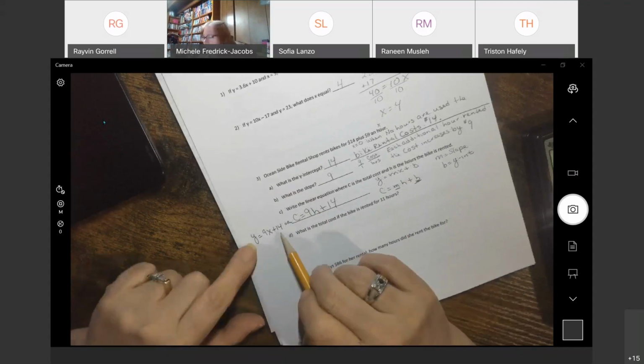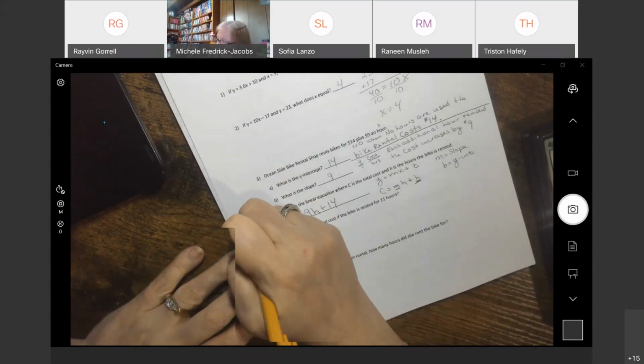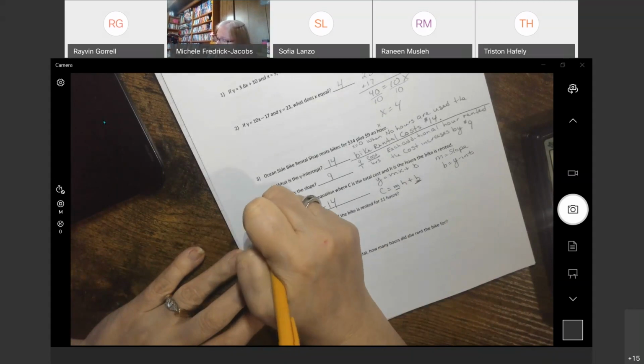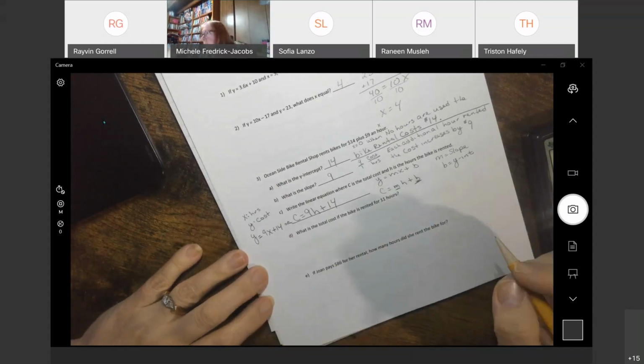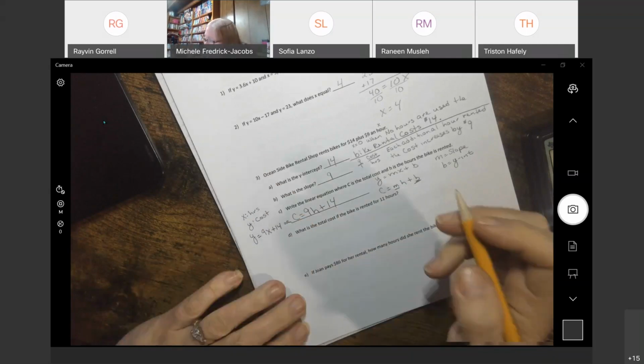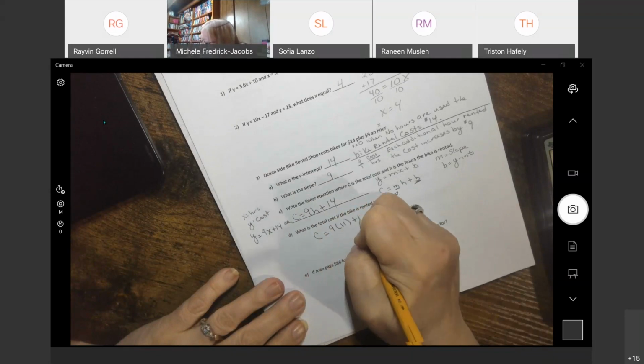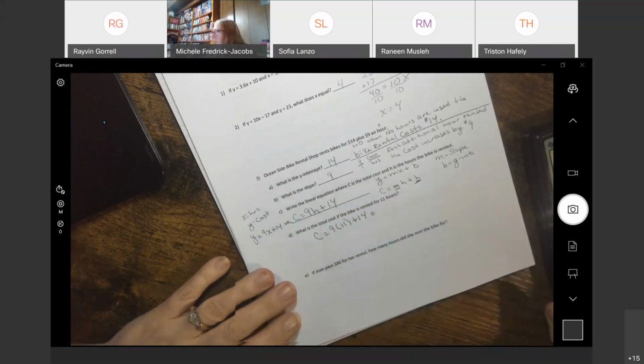If you went this way, I recommend labeling X is hours, Y is cost, so then you know what they stand for. But if we use these, we know automatically. So we have C equals 9 times 11 plus 14, and we would just plug that into our calculator.